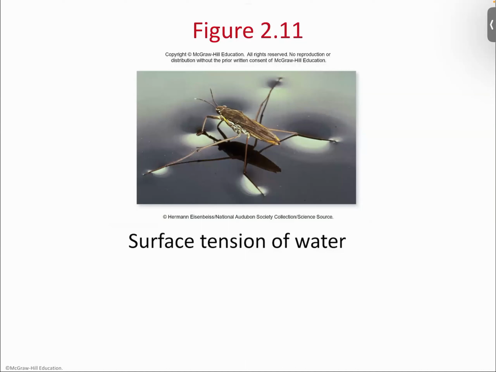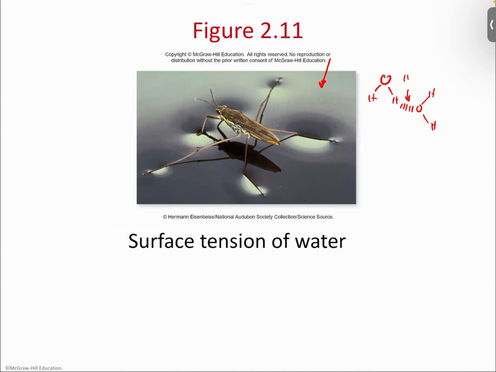Now, what I want to do is draw a picture of what these polar molecules look like when they're in concert, when they start to form hydrogen bonds with each other. In water, like this nice little placid lake right here, what you have basically is water molecules, which have these positive-ish hydrogen tails. And when they see a fellow water molecule like the oxygen, they form a hydrogen bond, right?